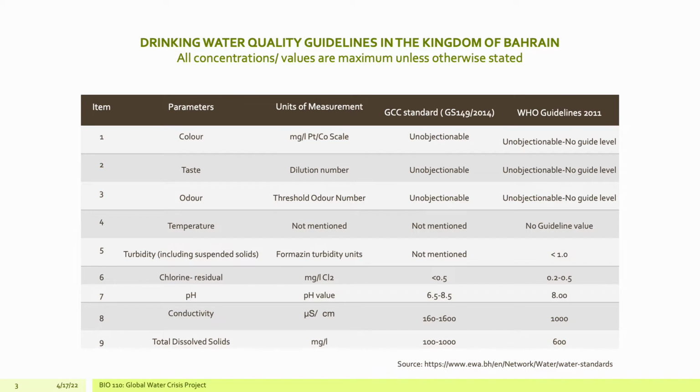They're also checking for the pH, the conductivity, and the total dissolved solids. As you can see, most of them are unobjectionable or not mentioned as far as the guidelines.